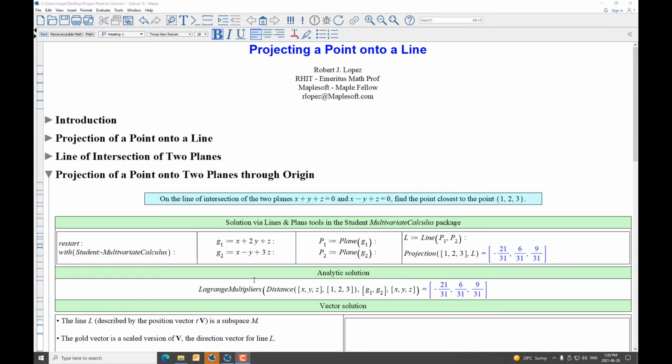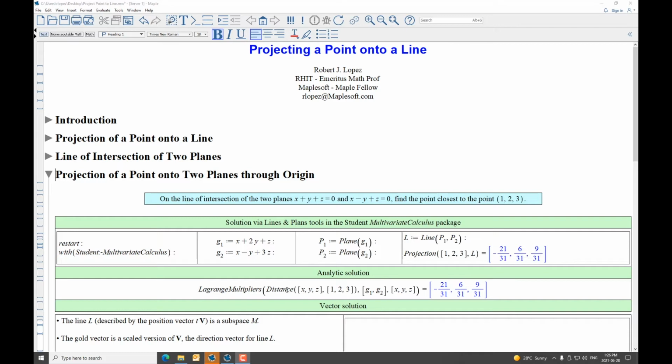An analytic solution is also possible using the Lagrange multiplier method. Well, there's a Lagrange multipliers command in this student package. We need the objective function, the constraints, and the variables. And what is the objective function? Well, it's the distance from a point, x y z, to the point to be projected, 1, 2, 3.